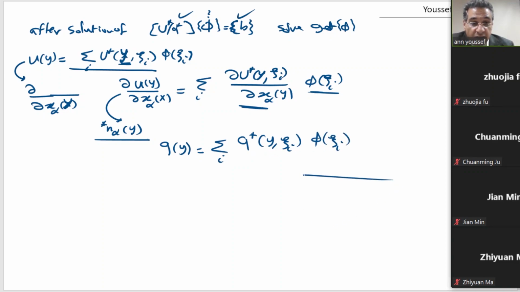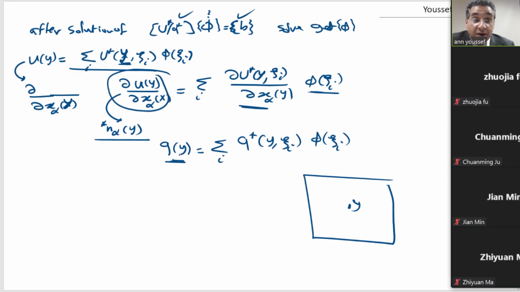So at any internal point, we can compute this value. We can't compute q of y because we don't have normal inside, except when I define a line like this and want to compute q of y in this direction. Now I have a normal. And of course, q in this direction will be opposite to q in the other direction, according to the normal that you use.